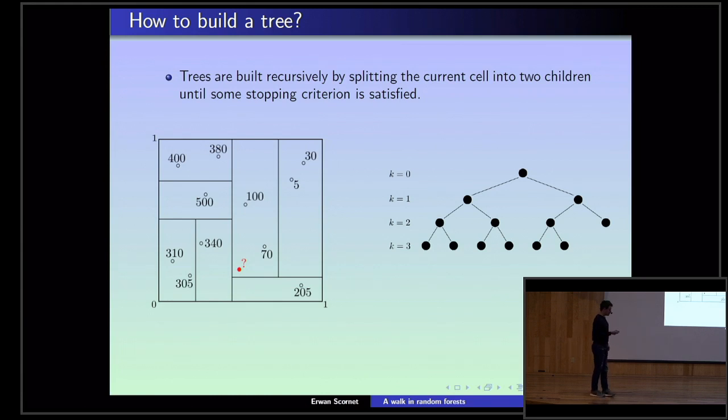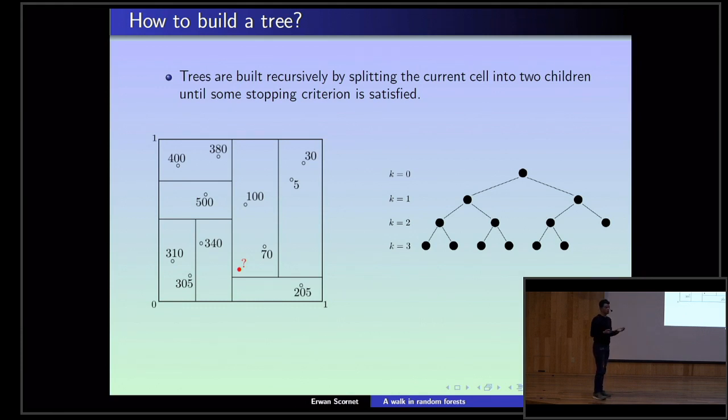If I have built the partition in a relevant way, I would hope that the points that belong to the same cell, this cell for example, are close together in some sense. So a natural way to compute this prediction would be to compute something which depends only on the points that fall into this cell.